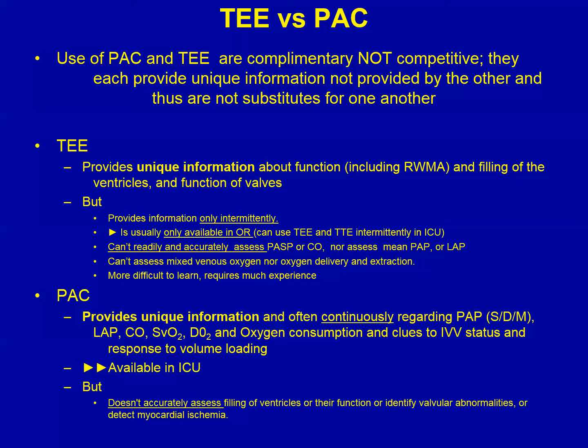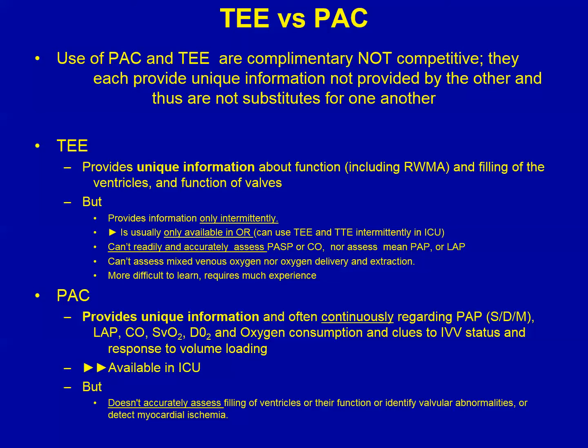The TEE provides unique information about function and filling of the ventricles and function of the valves, but it provides this information only intermittently. It is usually only available in the operating room. It can't readily or accurately assess pulmonary artery systolic pressure or cardiac output, nor can it measure mean pulmonary artery pressure or left atrial pressure.